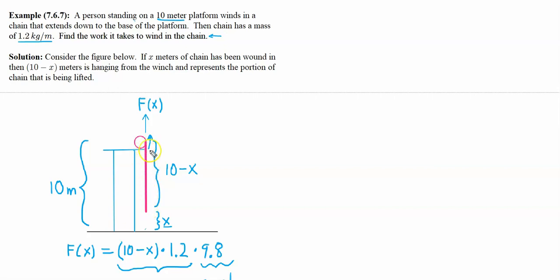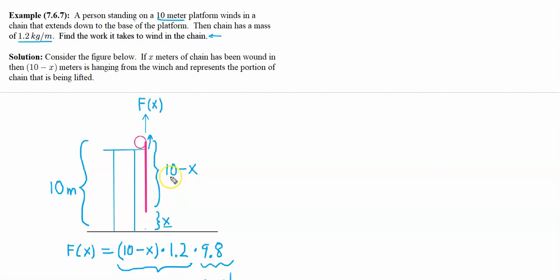Okay, so we wind in the chain. Each time we wind in a little bit more, this force function is going to change a little bit. Well, if we've wound in x meters of the chain, then that means that 10 minus x meters of chain is hanging down.